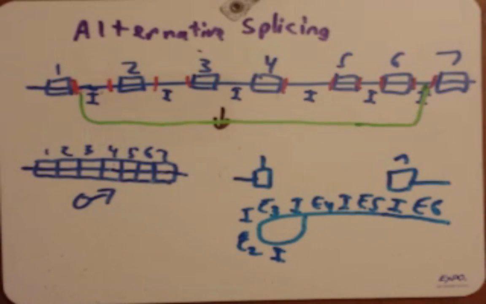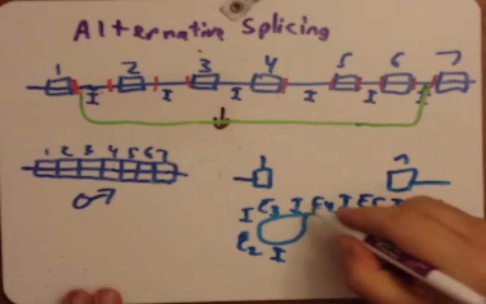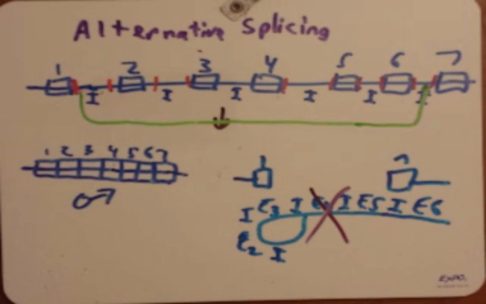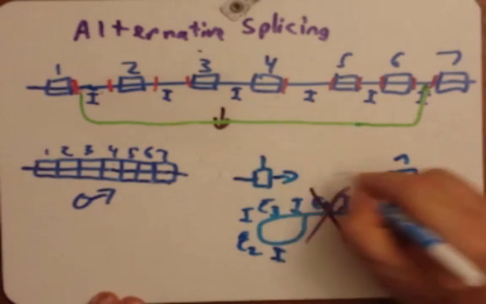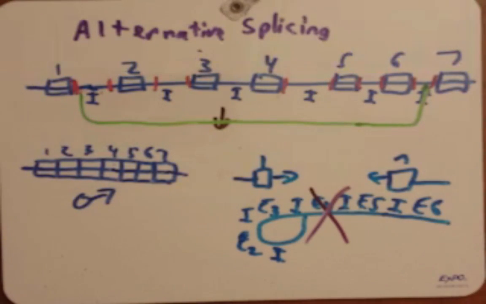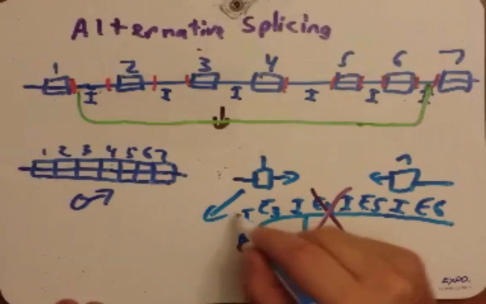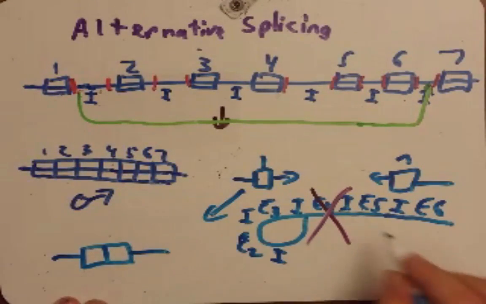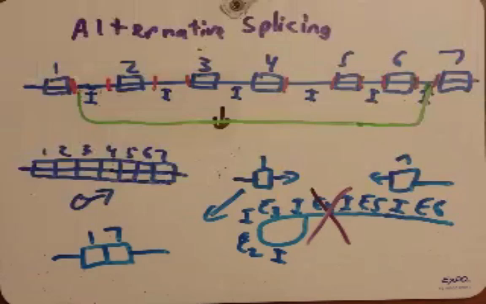And as we mentioned before, this lariat will be degraded. So that gets taken care of. And then the spliceosome seals the deal now by merging these 2 exons together. And you end up with a mature messenger RNA, in this case here with only exon 1 and 7. And so this is how the fruitless gene is alternatively spliced, by removing a large portion of the middle exons out of it.